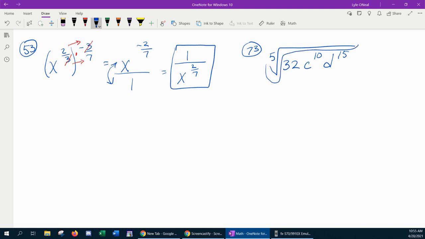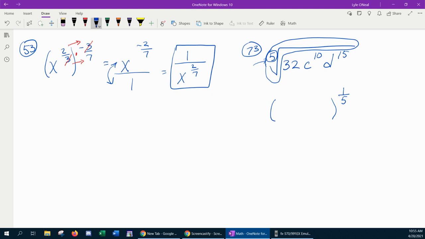The fifth root is going to turn into an exponent of 1/5. The fifth root means to the 1/5. The square root means to the 1/2. Any radical symbol can be turned into a fractional power like this. And just recall that the root is going to be in the bottom.